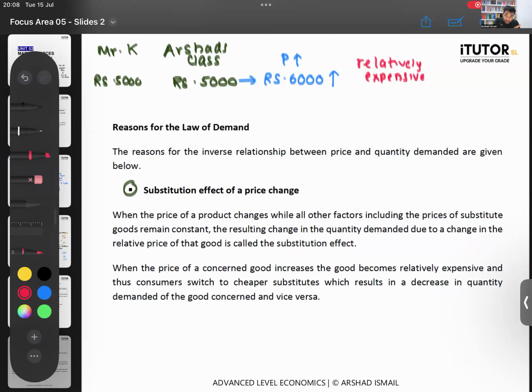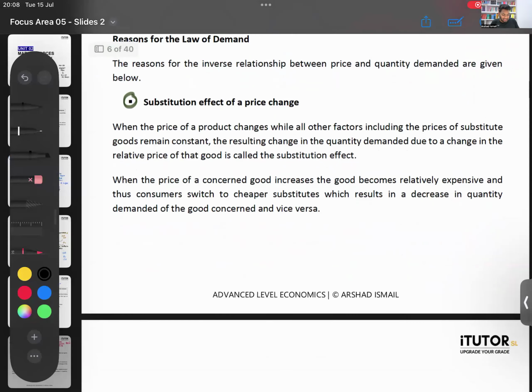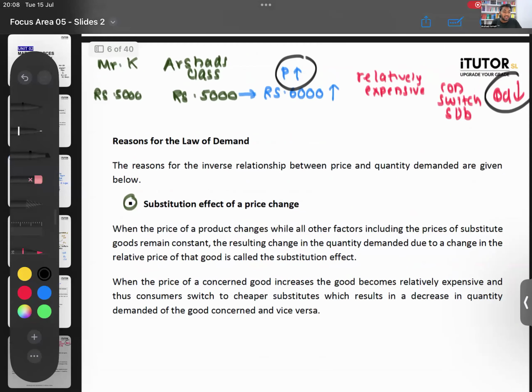Therefore, consumers will now switch to the cheaper substitute. So when consumers switch to the substitute, what happens to my quantity demand? If people move to the cheaper substitute, my quantity demand will come down, decrease. See, negative relationship. Price increased, QD came down. And that is what you call the substitution effect.